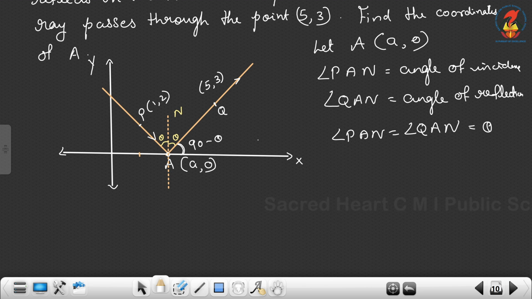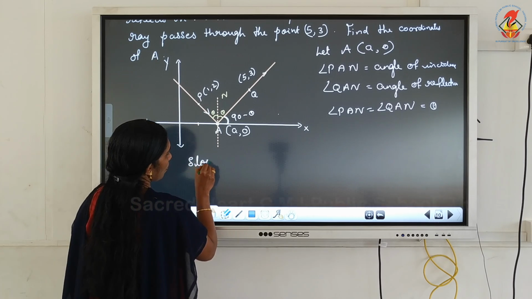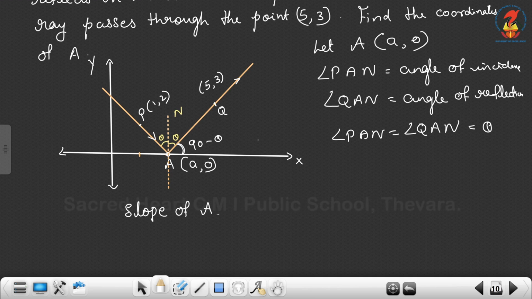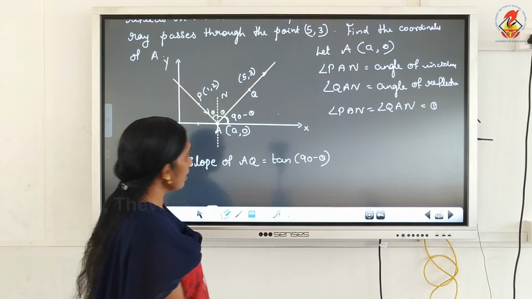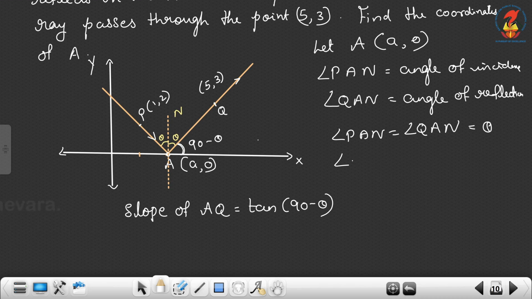So what is the slope of AQ? The slope of AQ is equal to tan of 90 minus theta. Here I am writing angle QAX is equal to 90 minus theta.